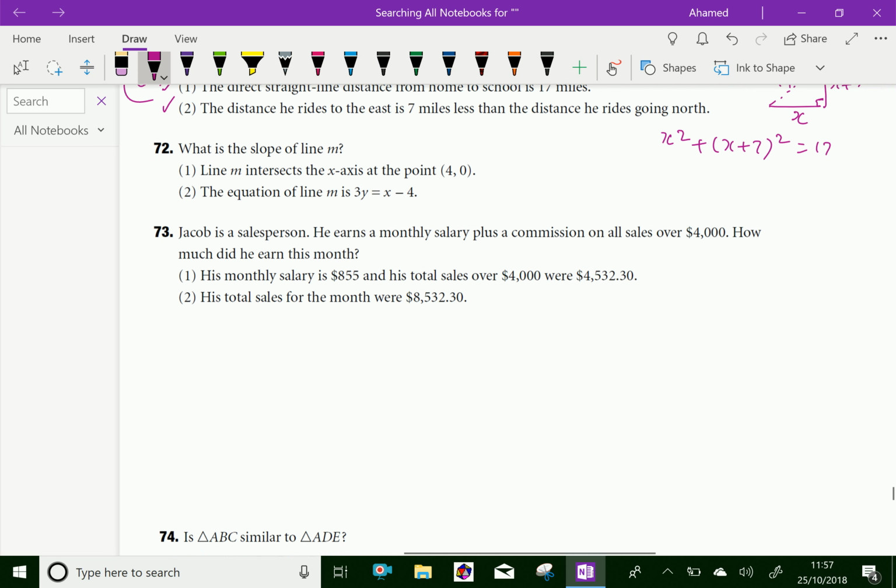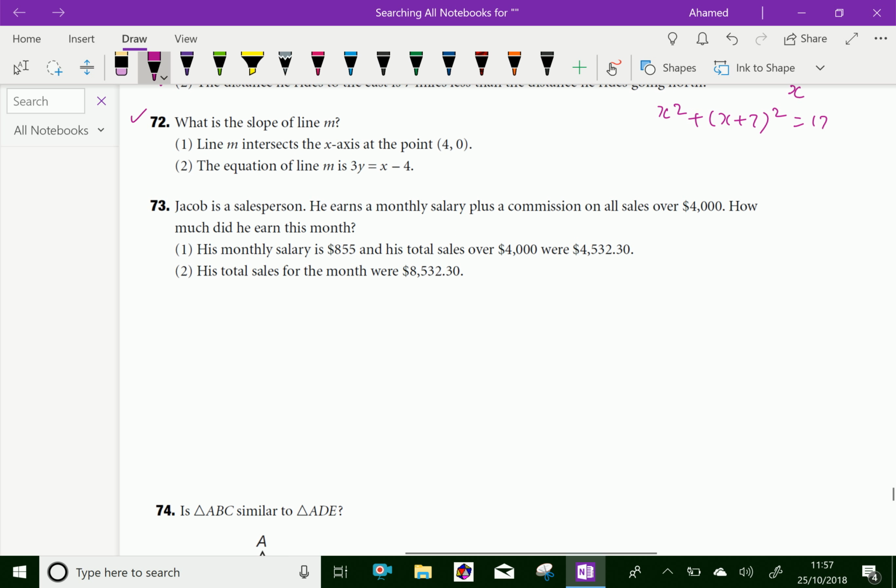Then the next question: what is the slope of the line M? Here the first statement says the line M intersects the x-axis at the point (4, 0). This statement 1 by itself is not enough to solve the problem because we need 2 points to find the slope of any line in the plane.